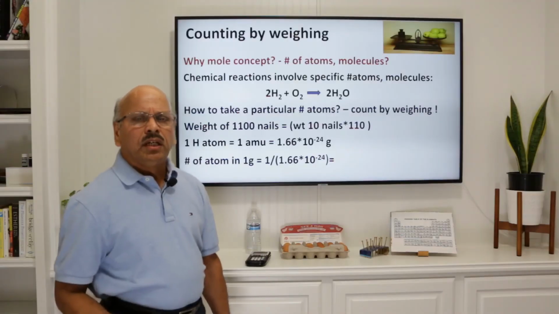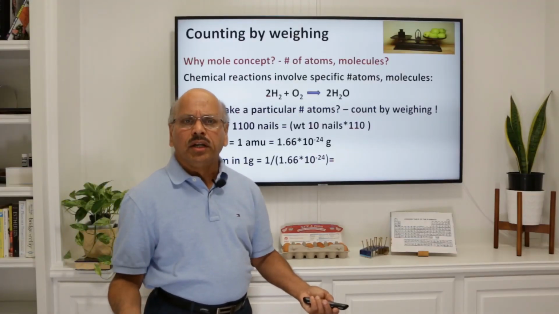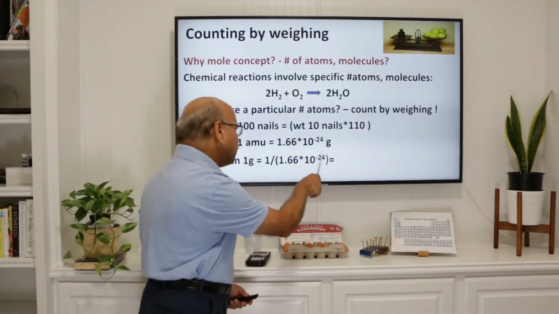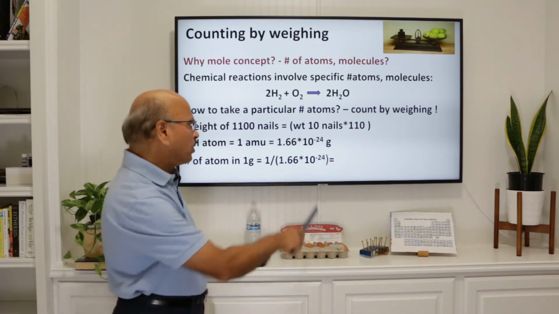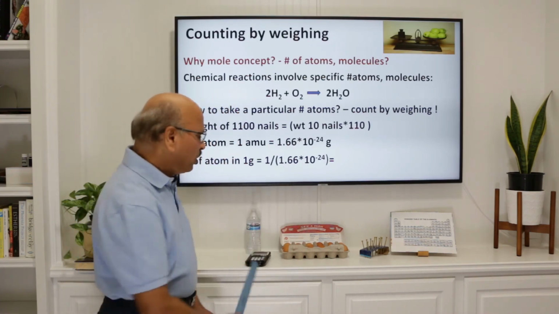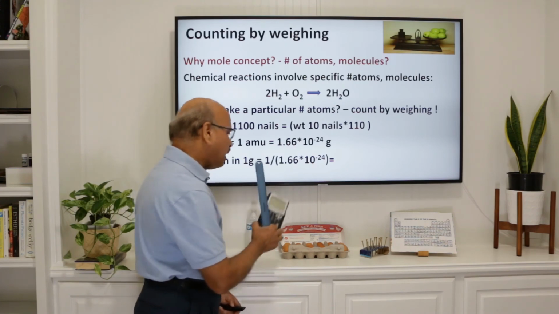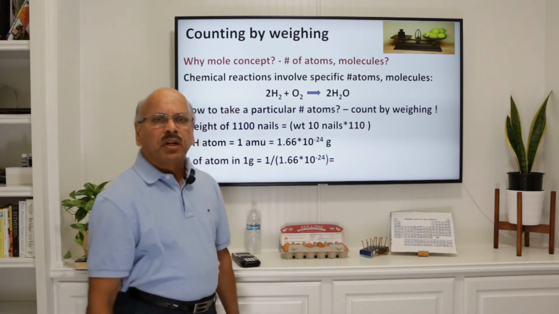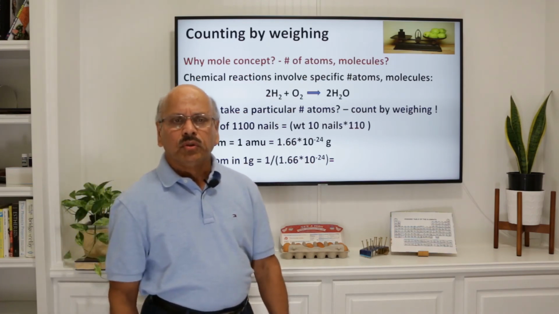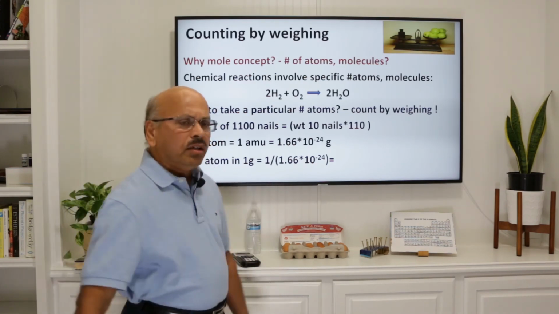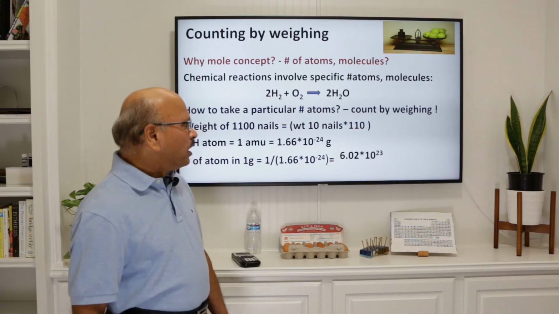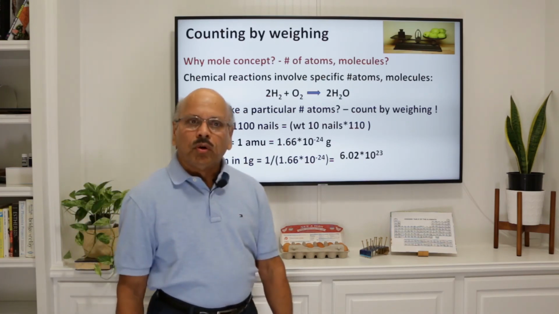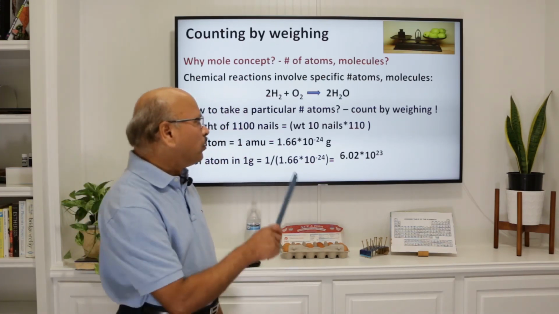Now, if you are using an ordinary calculator, you need to place a parenthesis for the denominator. But if you are using a calculator like mine, which has an exponent function, you can use that function also. And if you calculate it, you're going to get a number near about 6.02 × 10^23.